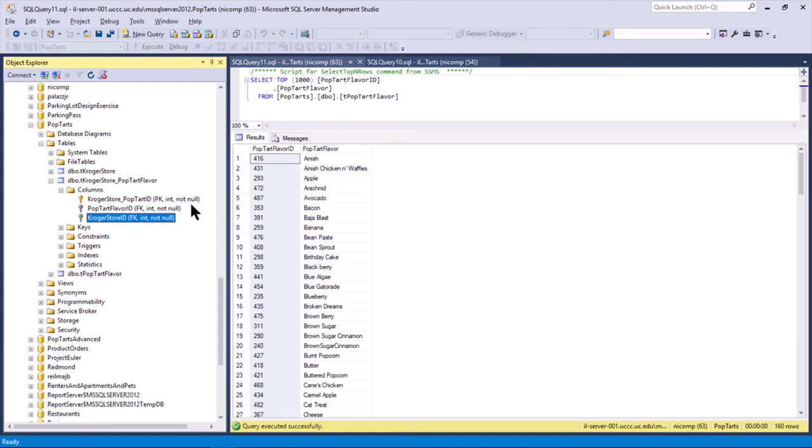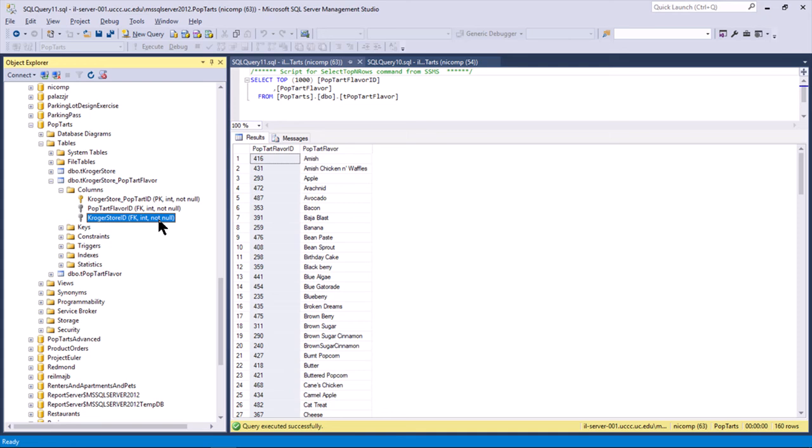This table has 3 fields. It has its own primary key, which as you suspect is an integer value configured to automatically increment by the database engine. It has a foreign key called Pop-Tart Flavor ID and another foreign key called Kroger Store ID.